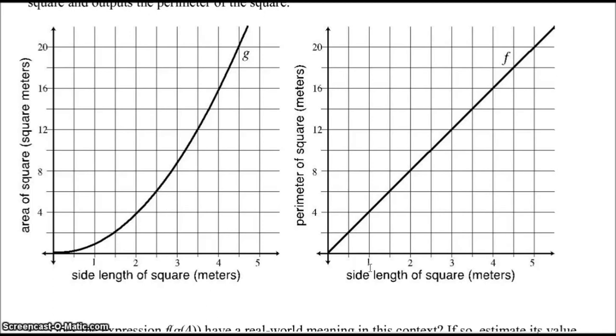Side length, yeah, that would be 1 meter. And then, if we knew our side length was 1 meter, then we could see that our area of the square was about, this is a scale of 2, so that would be about 1 square meter. So I think the answer is yes.